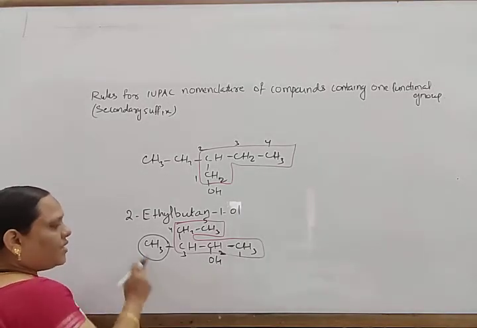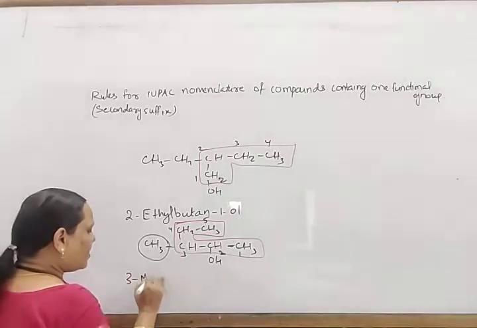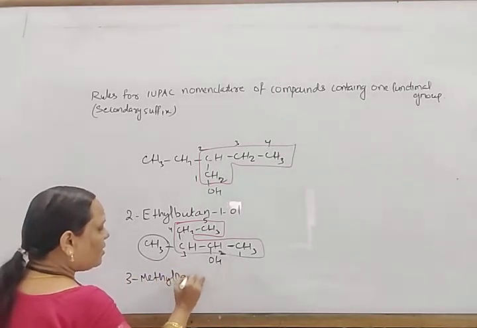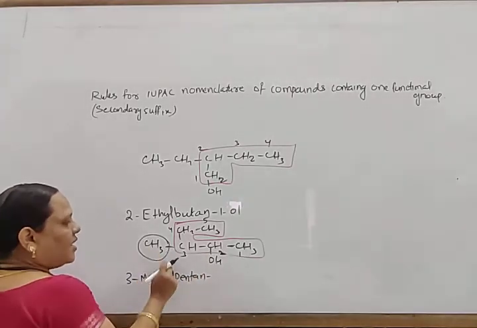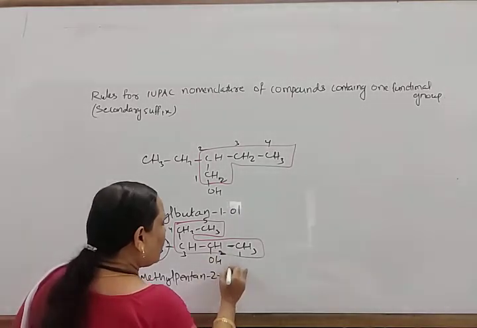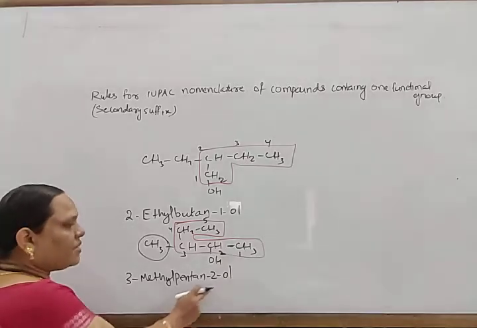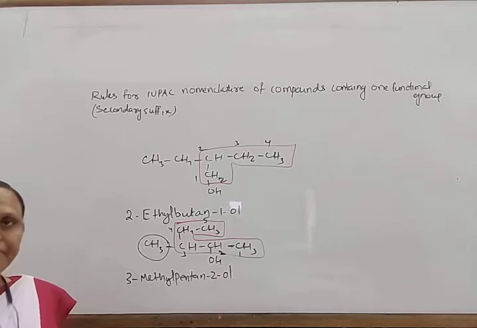In this way, the name of this species is 3-methyl pentane, with OH at 2, pentane 2-OL. So the name of the species is 3-methyl pentane 2-OL.